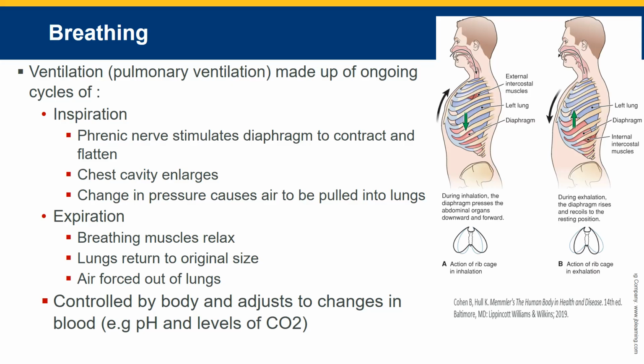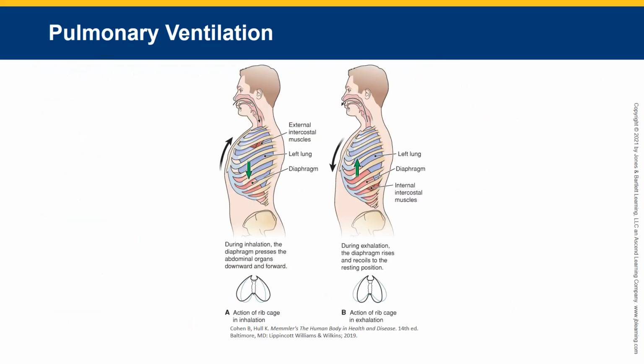No stopping this. And so it's a relatively simple but kind of amazing process between the phrenic nerve stimulation of the diaphragm, and remember the stimulation comes from activity associated with the brainstem, stimulates the diaphragm to contract, flatten, allows your chest cavity to expand, and it draws air into your lungs, and then it goes in reverse.